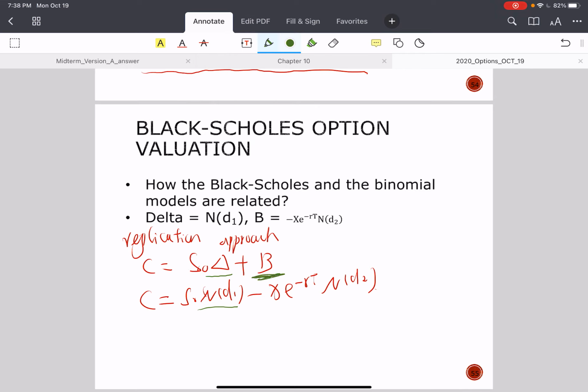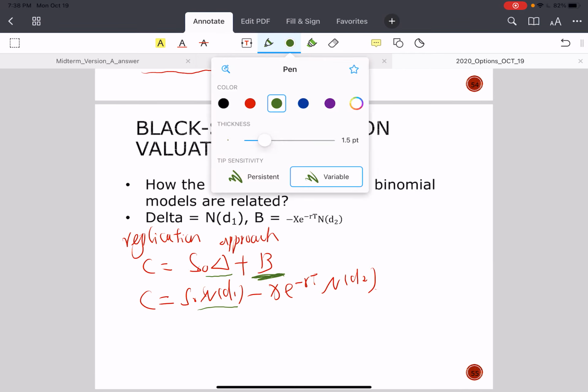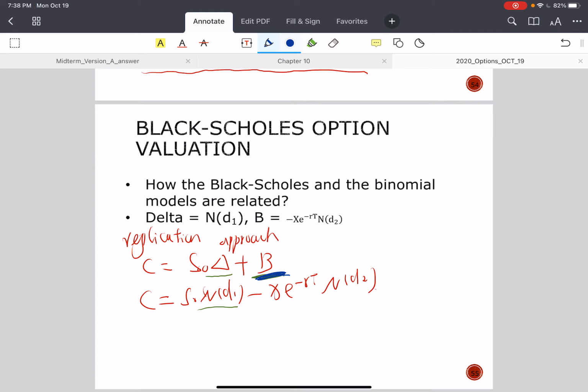And the B and this guy, they're the same, right? So that's how these two models are related. It basically says that if you're using Black-Scholes model, you could directly compute delta by N(d1), right? So N(d1) basically gives you the delta.